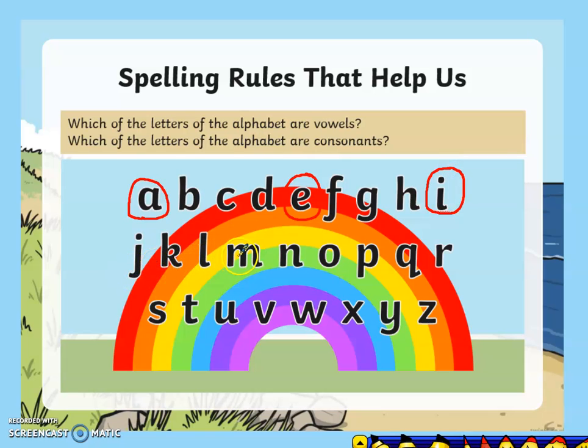J, K, L, M, N, O. Our fourth vowel. P, Q, R, S, T, U. Our final vowel. V, W, X, Y, and Z. And all the other letters are called consonants. So remember, in your brain, we've got our 5 vowels: A, E, I, O, and U.